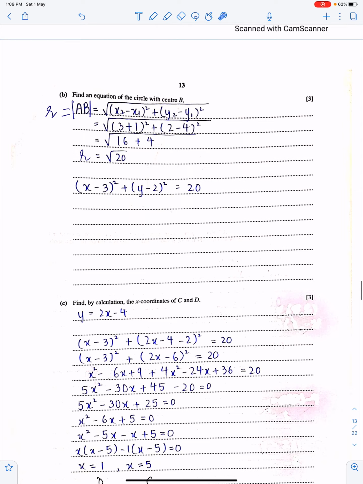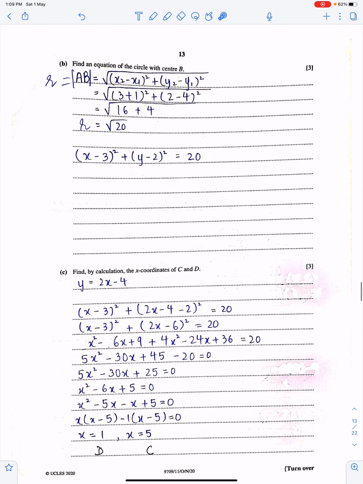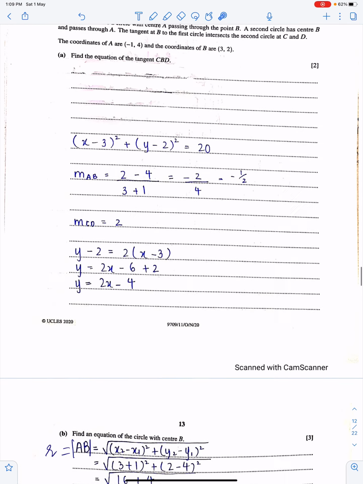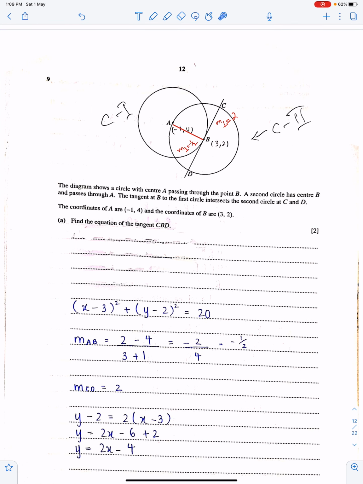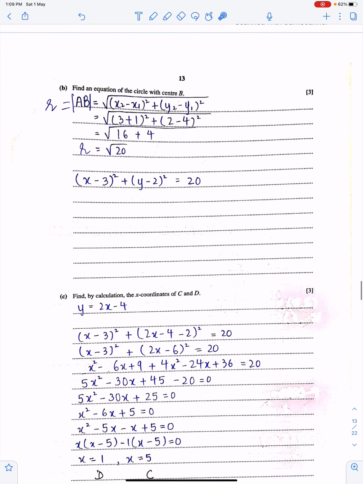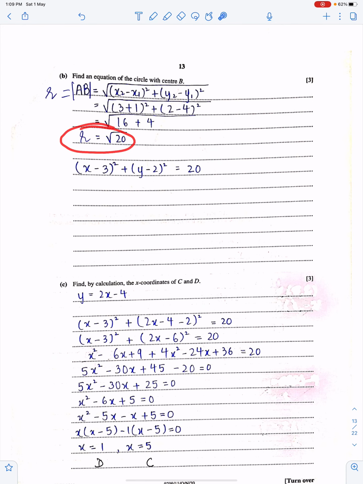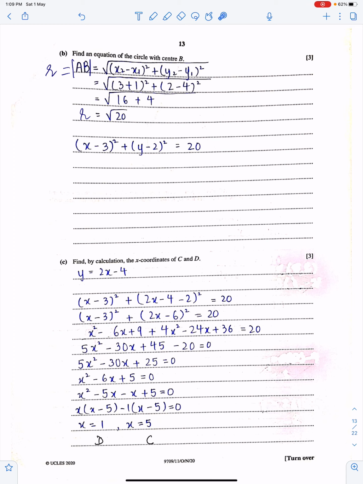Number 2, we need the equation of the circle. For that, we need to work for the radius. Distance AB is the radius, so this distance is root 20. So the equation of the circle will be (x minus 3) whole squared plus (y minus 2) whole squared equals 20, because this is the standard equation of the circle: (x minus a) whole squared plus (y minus b) whole squared is equal to r squared.